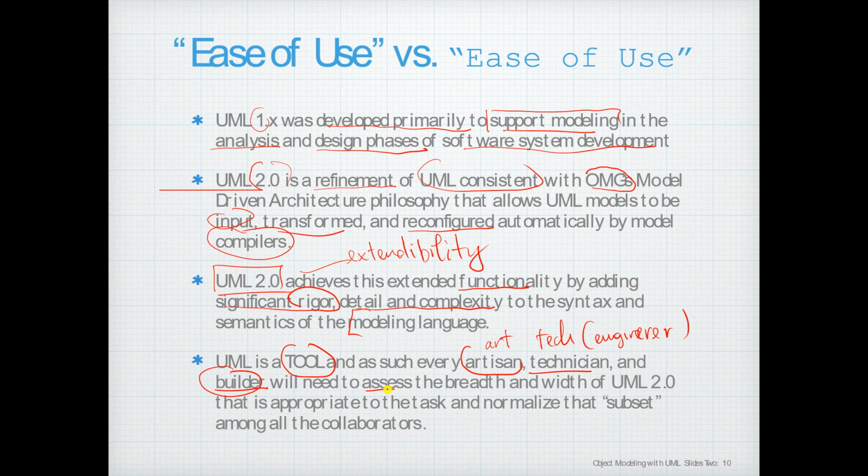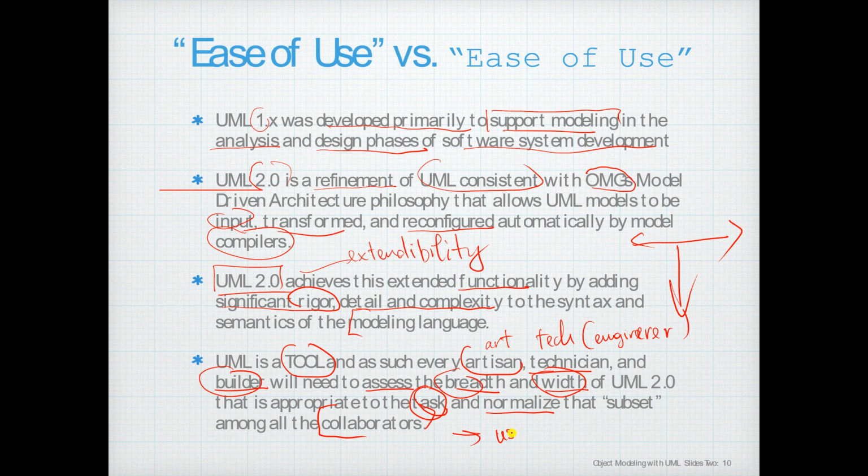We need to access the breadth and width for the task and normalize success among all the collaborators.